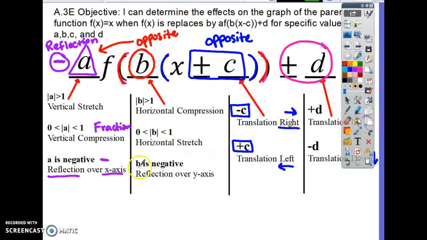And if B is negative, a negative number inside the parentheses after the F and before the X, it's going to be called a reflection over the y-axis. Anything inside the parentheses is the opposite, so you're doing the opposite of what you're thinking.